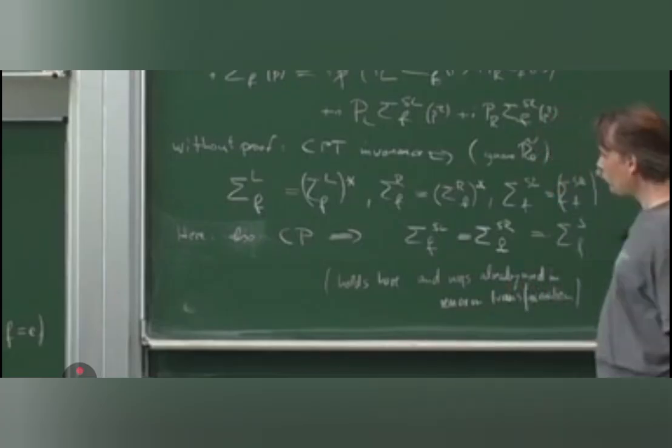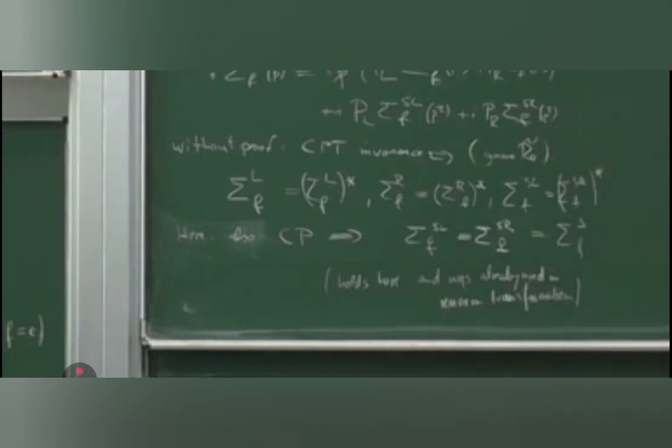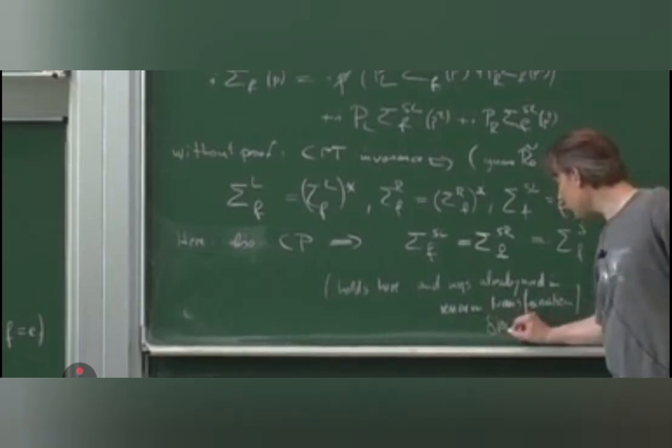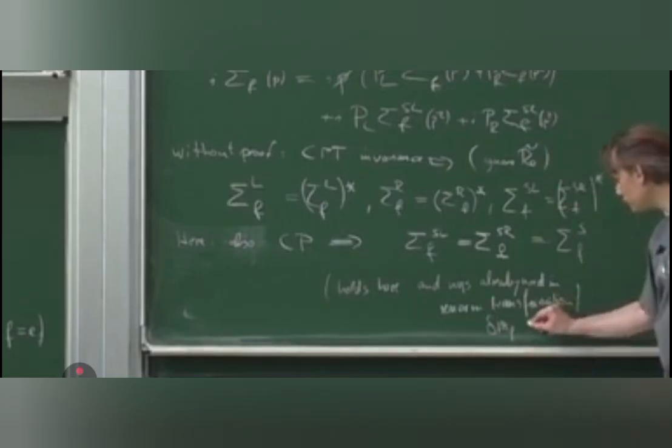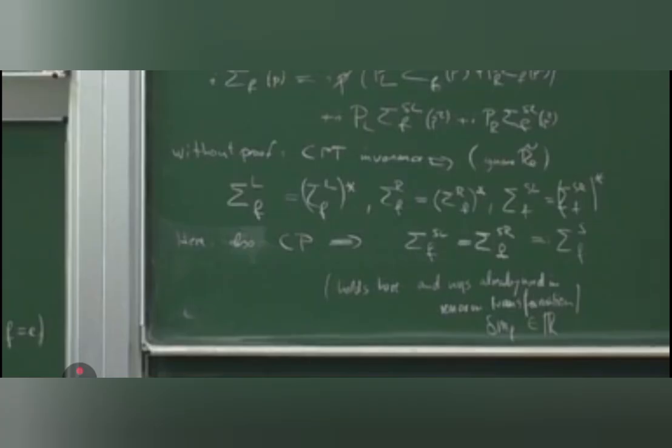So maybe it wasn't used explicitly, but you might have guessed that when we write mass counter term delta MF, then what we mean by this is a real mass counter term. And so that is what we always use. The mass counter term doesn't have an imaginary part. And the fact that a real mass counter term is sufficient is connected to this CP invariance which holds.